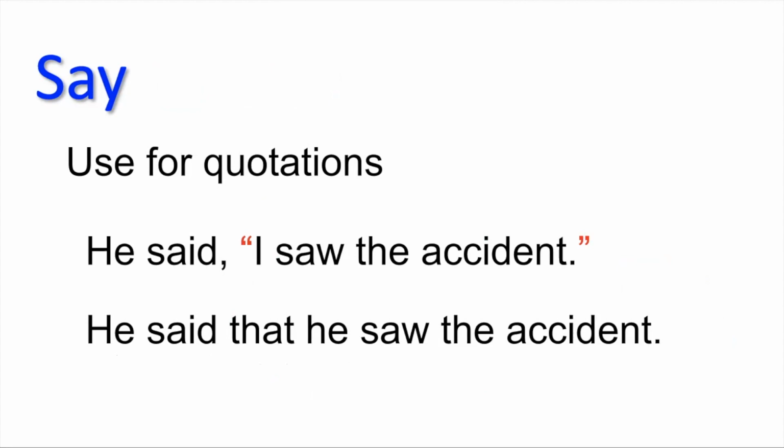He said, I saw the accident. Those are the exact words that he said. Or we can report it. He said that he saw the accident. And we don't need to use that. In spoken English, it's very common to just leave that out, to say, he said he saw the accident.